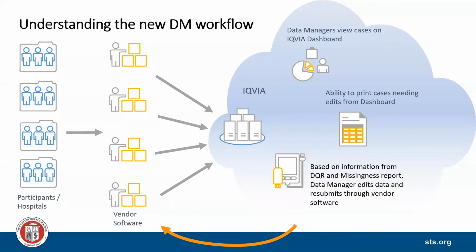So all of that information will be available for you. And then, of course, we talked about the DQR and the missing variable report. You'll be able to see that information and then determine if you need to make any additional edits within your software vendor, and then, of course, resubmit to IQVIA to update that information. Okay, next slide.